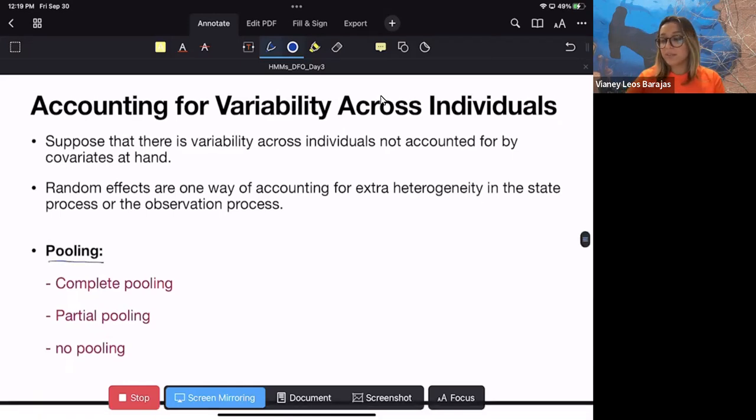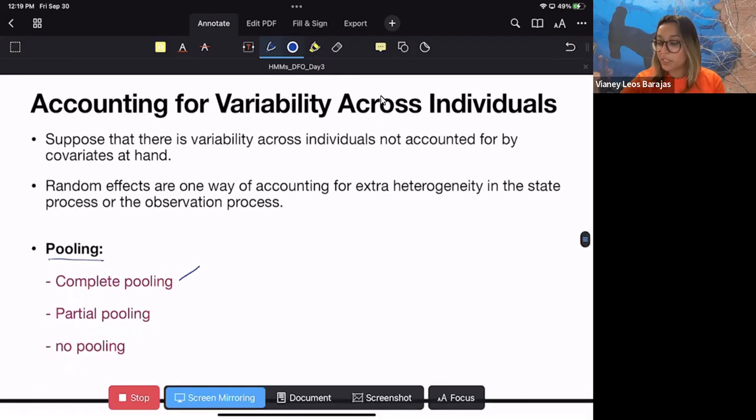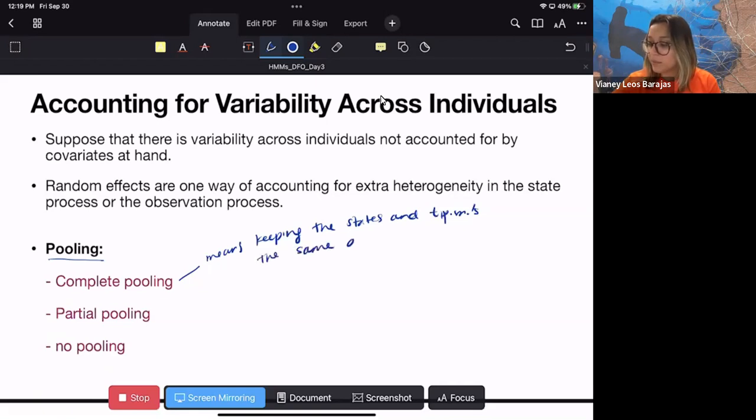So pooling wise, complete pooling in hidden Markov models. This means keeping the states and transition probability matrices the same across all individuals.